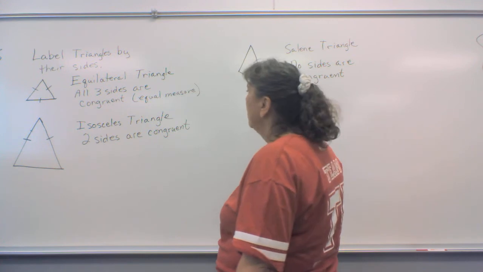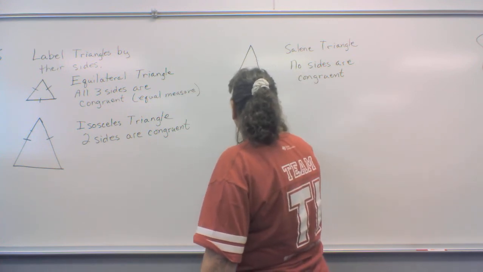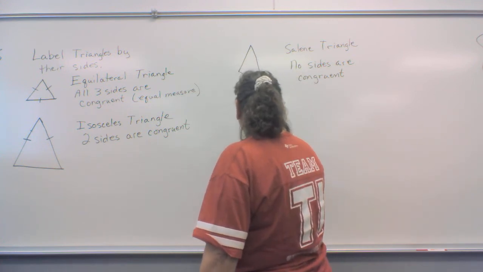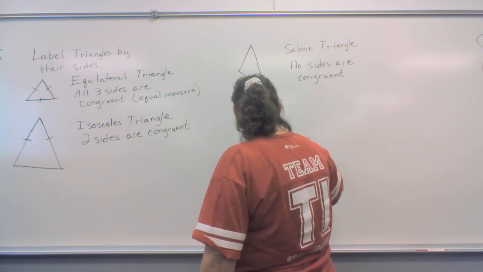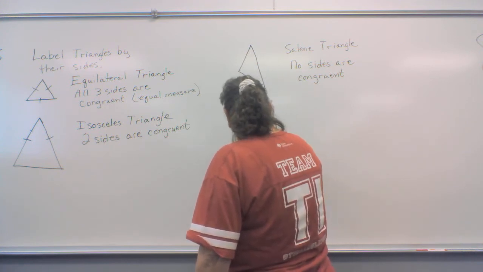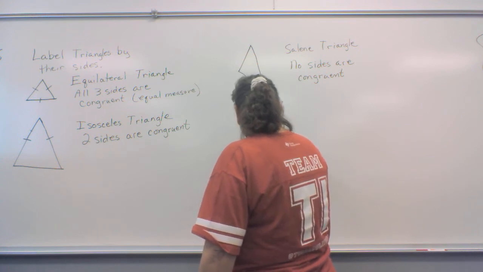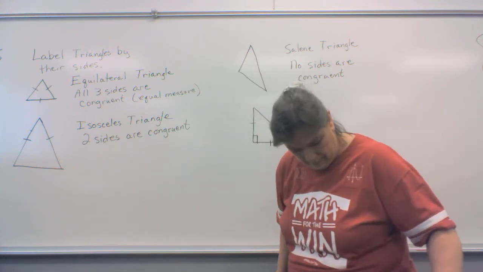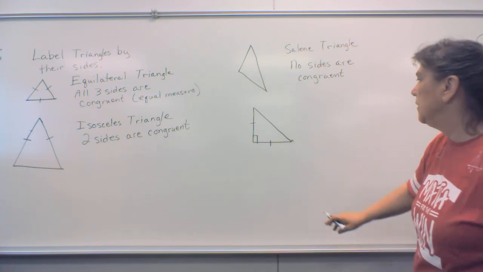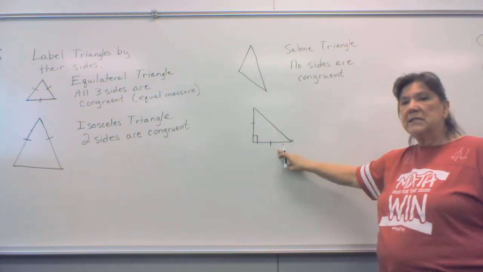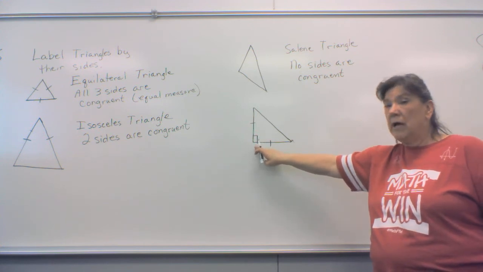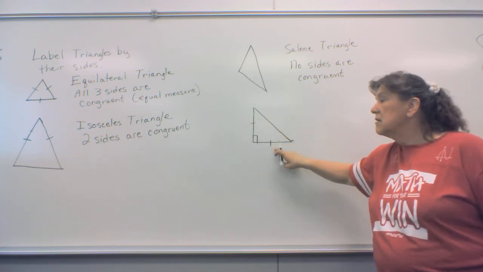Now we can combine these as well. You can have something like a right triangle with two congruent sides. So we've got right and we've got isosceles.